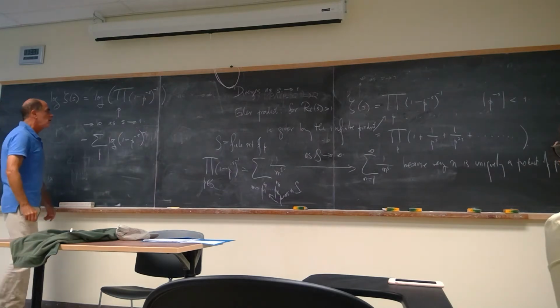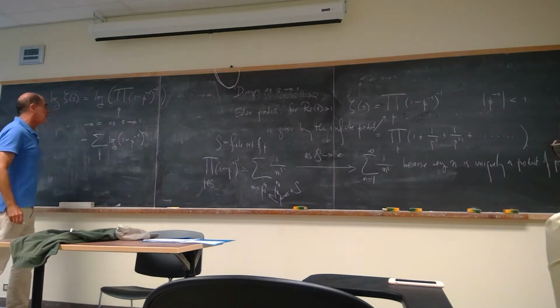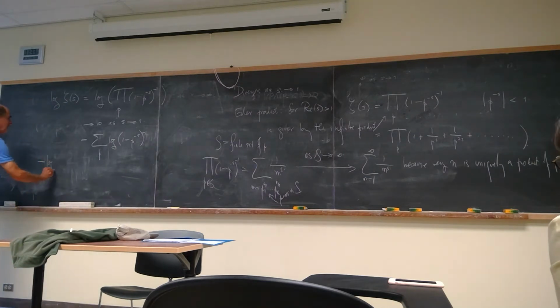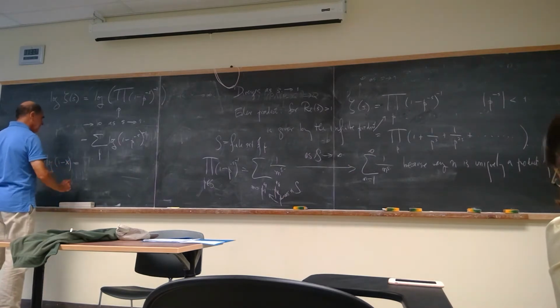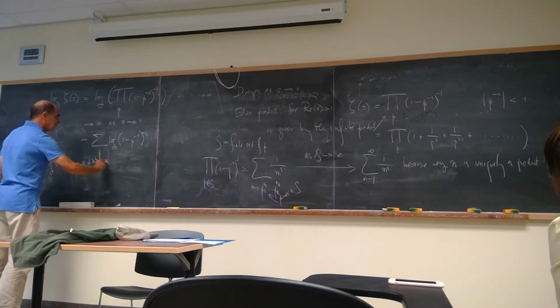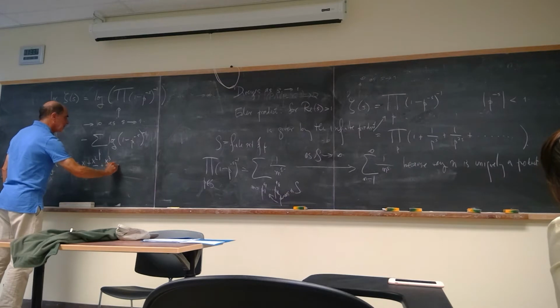Okay, now Euler uses the power series, the nicest power series is minus log of 1 minus x, where you put two minus signs in, and that is x plus x squared over 2 plus x cubed over 3 plus and so on.